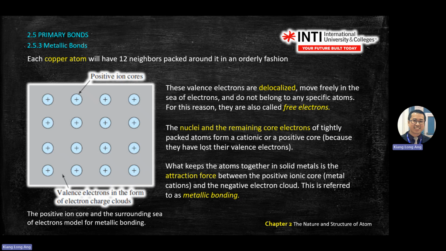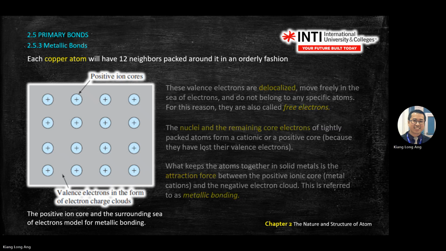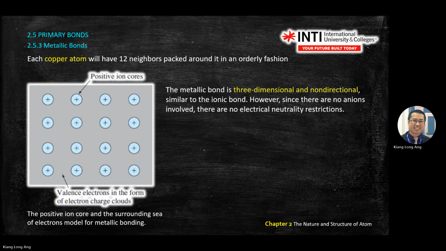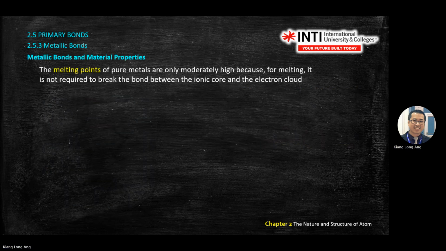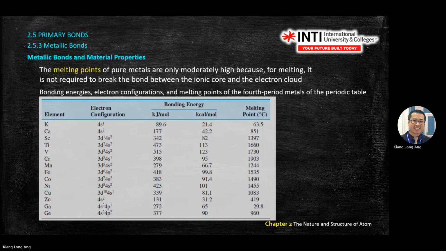So this one will give you metallic bonding. So this one is because of the attractive force between the positive core and the negative electron cloud. The rest you read. So the melting point for metals is very high.